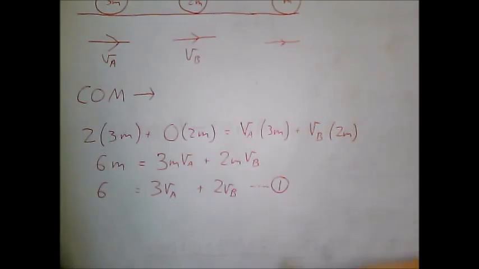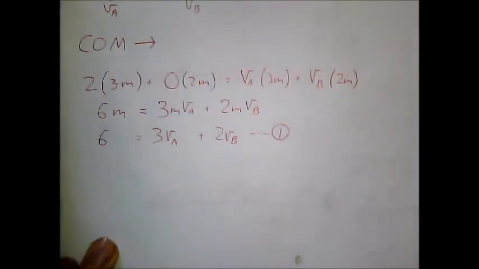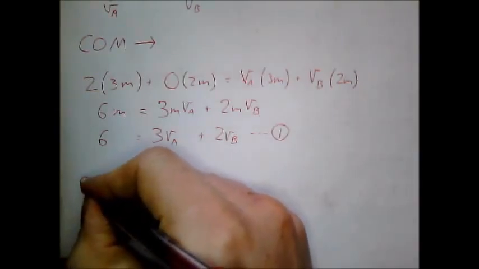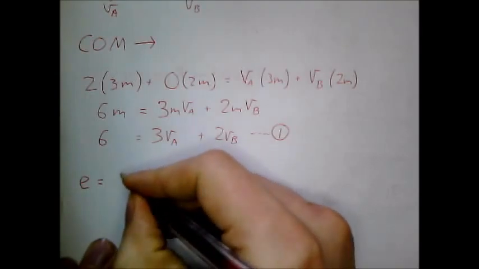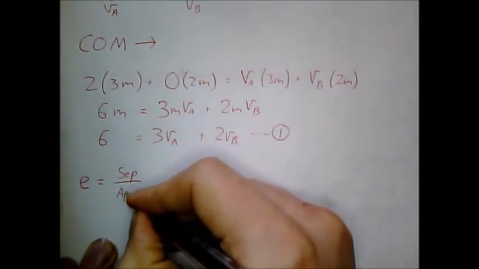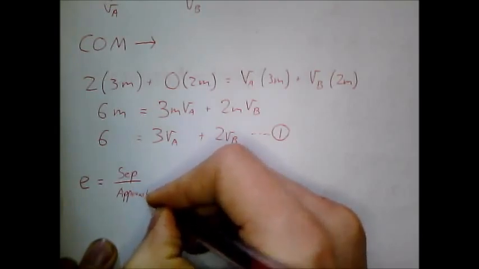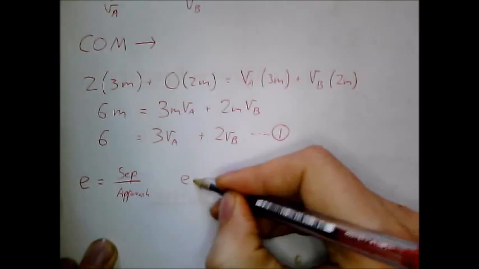We also know that during collisions, the coefficient of restitution, or elasticity, is the separation speed over the approach speed. In this case E is equal to 1.